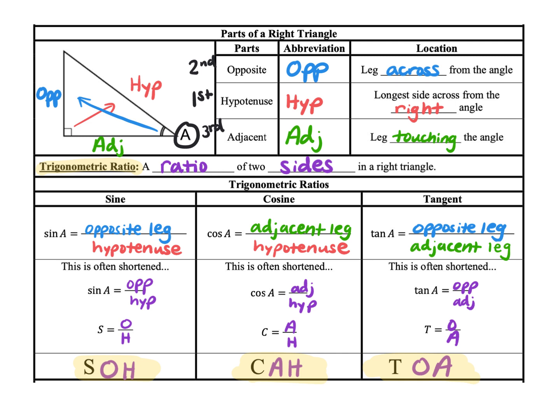S for sine, so we have O over H. Cosine, A over H, and tangent, O over A. So we're going to continue to use that as we move on to example 3, where we can now use these parts and the 3 ratios to help us find a missing side in a right triangle.